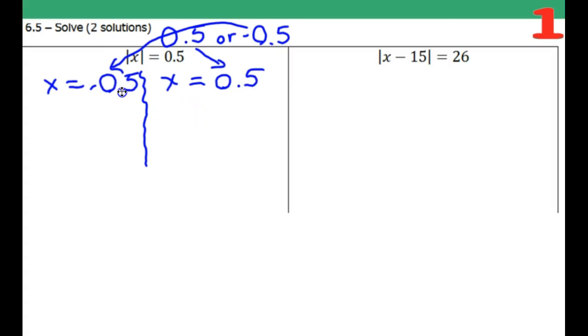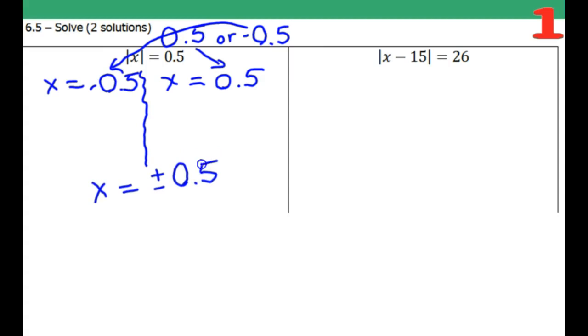So we have x equals negative 0.5 and x equals 0.5. Because we have the same number, one negative and one positive, you could also write this as x equals plus or minus 0.5.